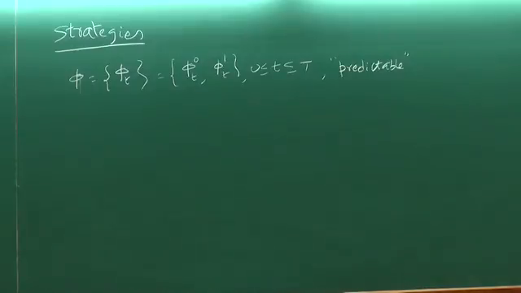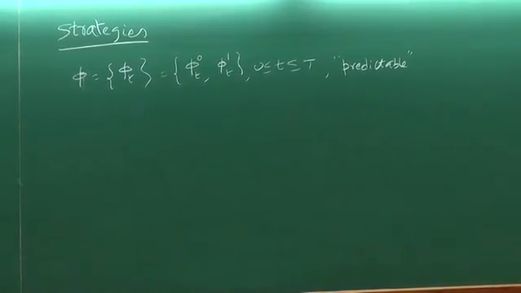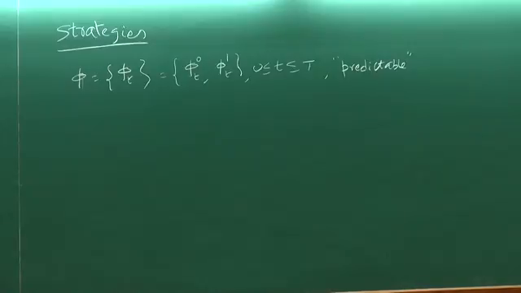Roughly speaking, predictable processes are those processes which are left continuous. Left continuous processes are predictable, but predictable processes are much larger than left continuous ones. Don't worry about technicalities. I'm not going to give you a precise definition of predictability. So these have to be predictable.